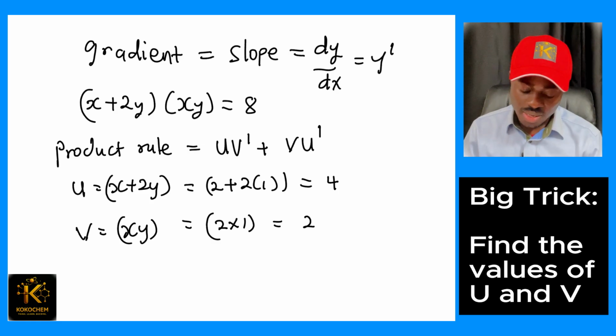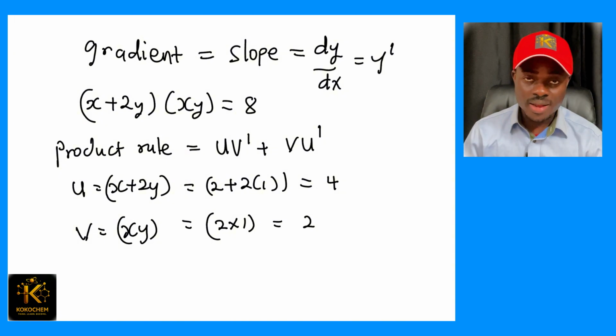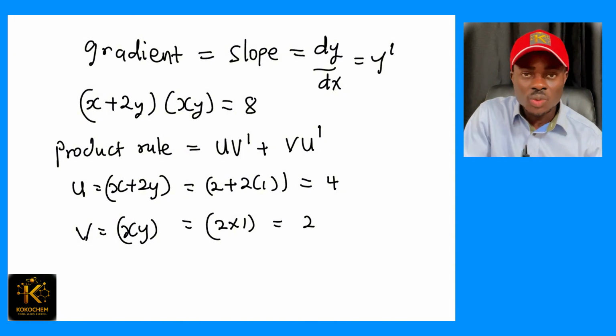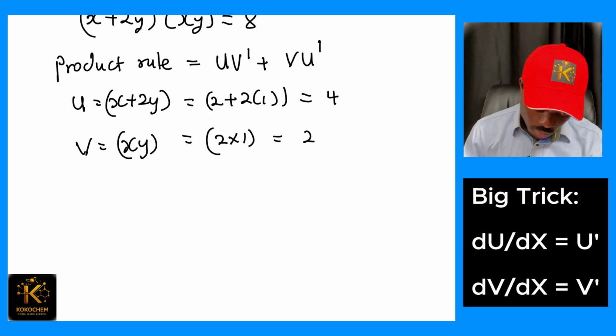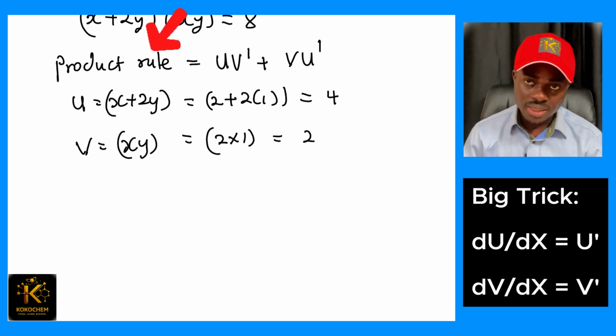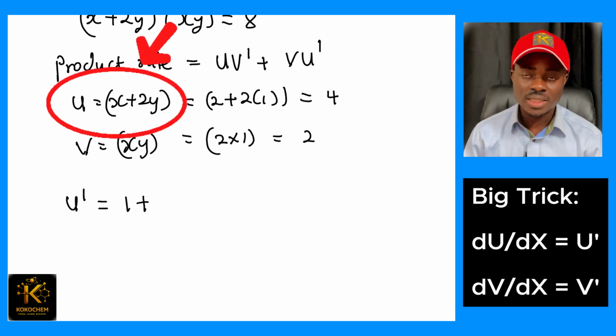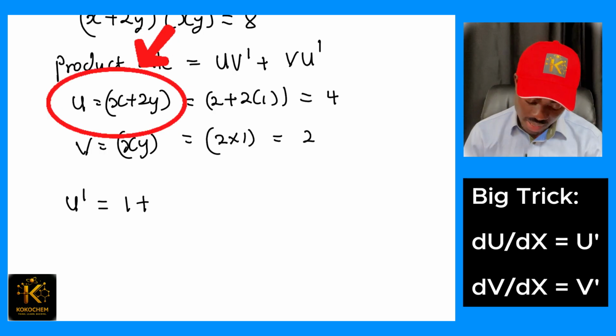That is another trick I was sharing. Now differentiate u and v. So u prime: differentiating x gives 1, plus differentiating 2y gives 2y prime.